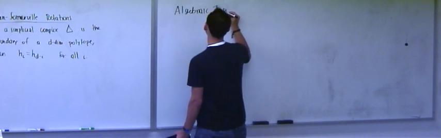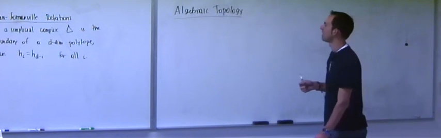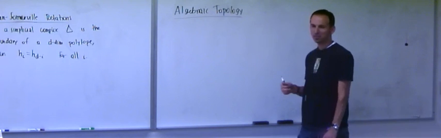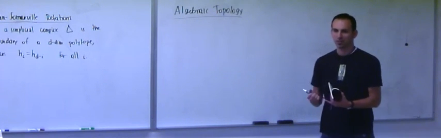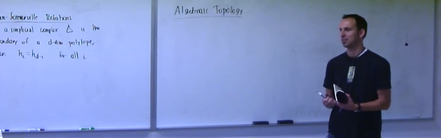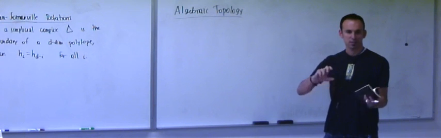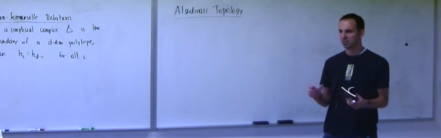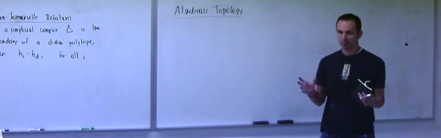Of course, I'm only going to scratch the very, very surface of this. But what's the idea? You've probably heard the silly joke of how a topologist is someone who can't tell their donut and their coffee mug apart. That's kind of what we're after here. What topologists do is study surfaces or topological spaces, and they want to know whether they're the same or not in the topological sense.